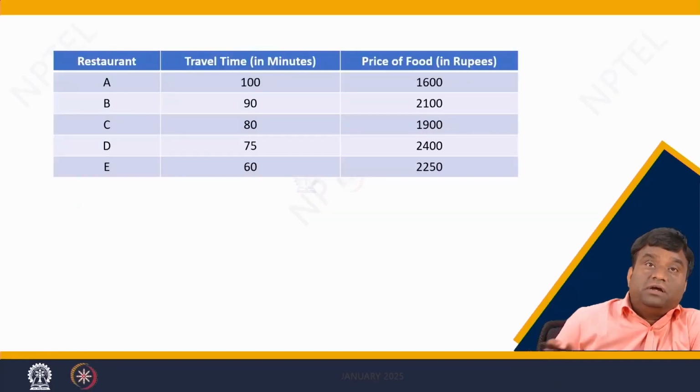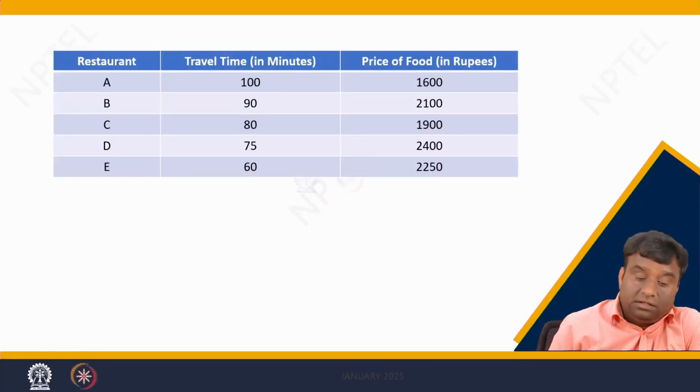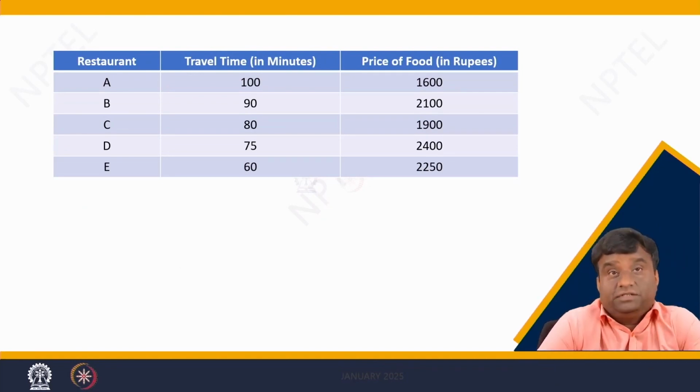We try to understand this with an example. Suppose a group of four friends are going to take food outside. They will always try to reduce the travel time from their home to a restaurant, and also try to reduce the price of food.